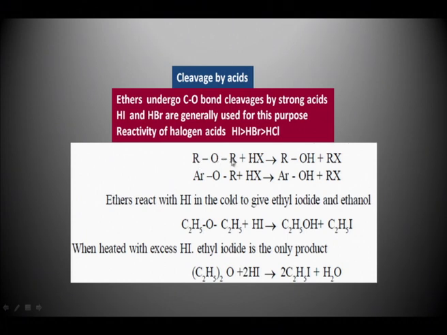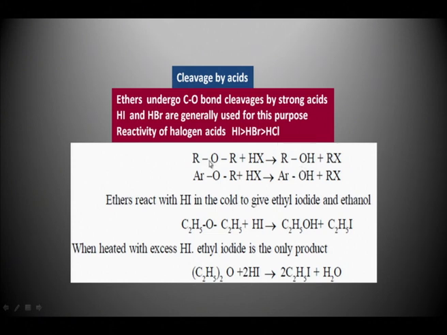In this reaction with strong acids, the ether linkage, meaning the carbon-oxygen bond, gets cleaved. In this example, a dialkyl ether is treated with a hydrogen halide, and the oxygen-alkyl bond is going to cleave, and we get an alcohol and an alkyl halide as the products.